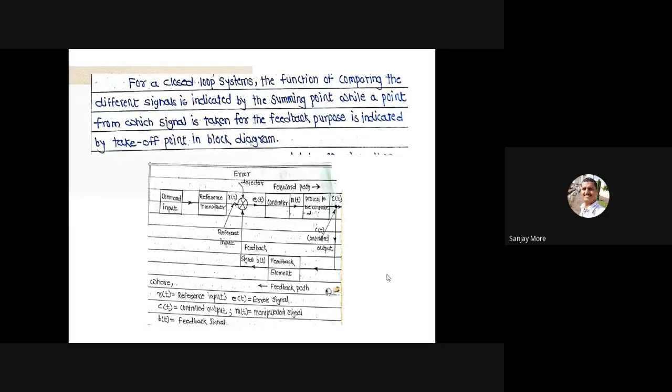So draw this block diagram. Give the heading closed loop system and draw this diagram.